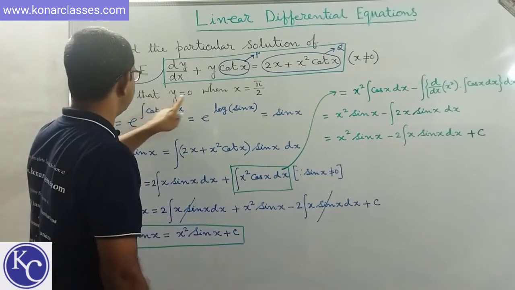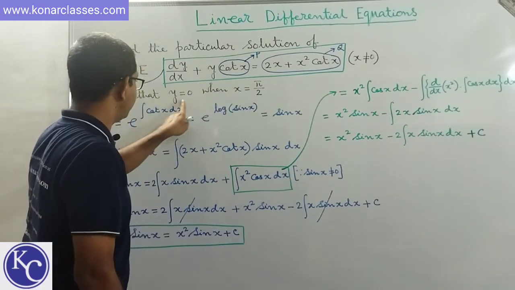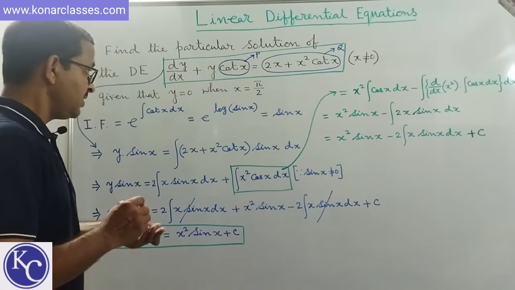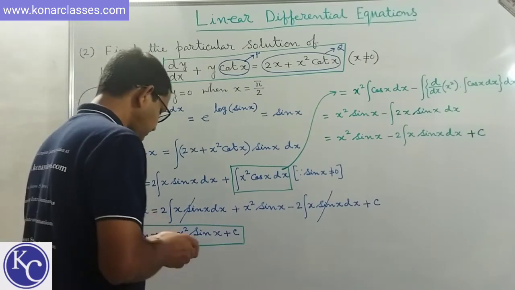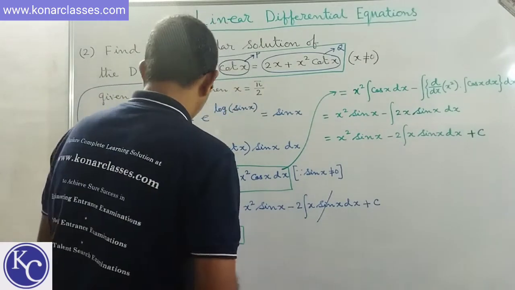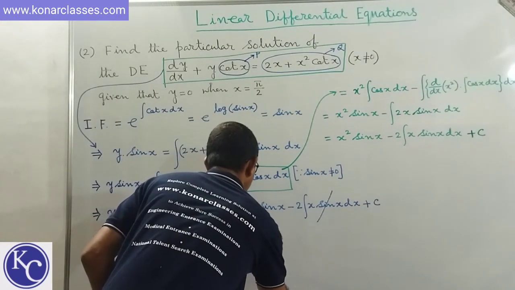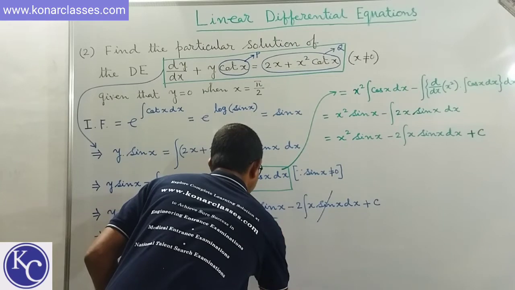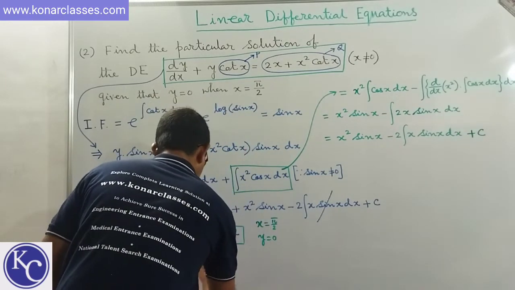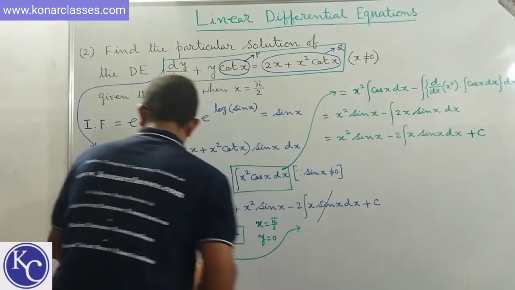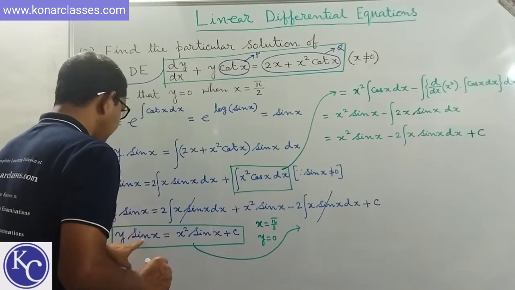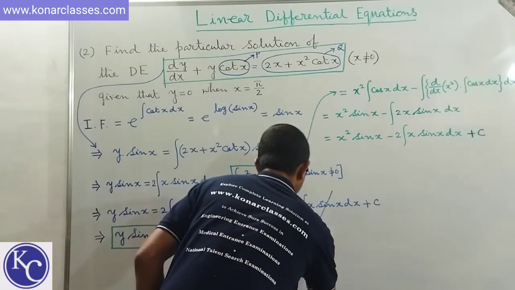By applying this initial condition x equal to pi by 2 and y equal to 0, what are we going to get? y equal to 0, so 0 into sin pi by 2 will become 0.